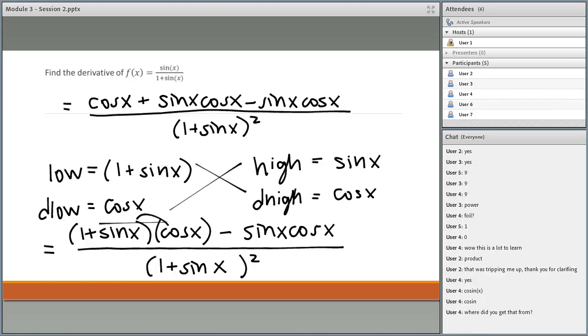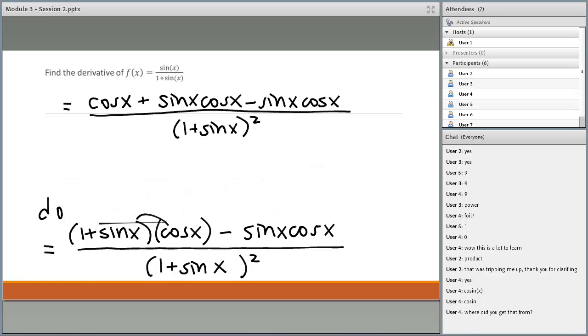So what happens in the numerator? Okay, just 1 second. So where this came from is in the numerator. If I distribute this cosine to both terms, I have cosine x, because cosine x times 1, and then plus cosine x times sine x, or sine x times cosine x.